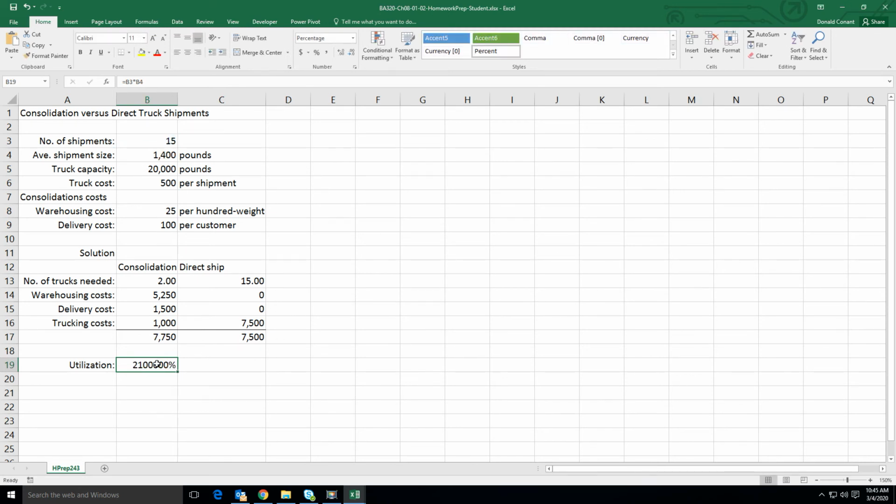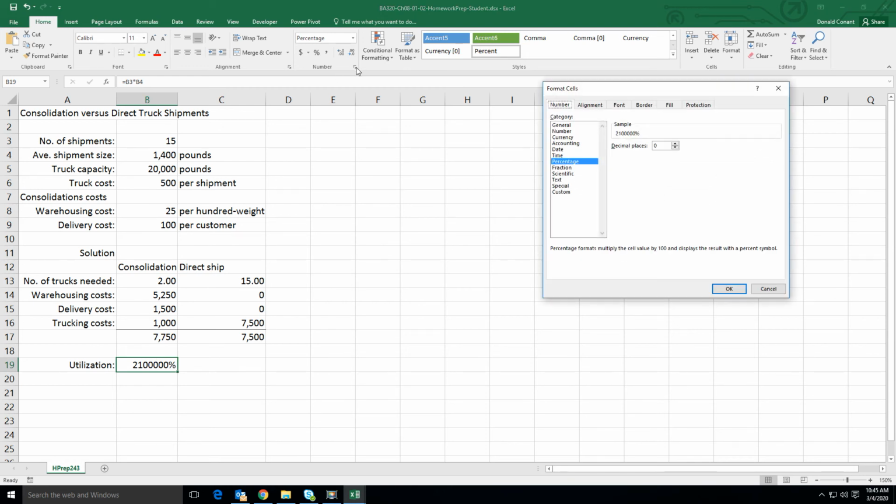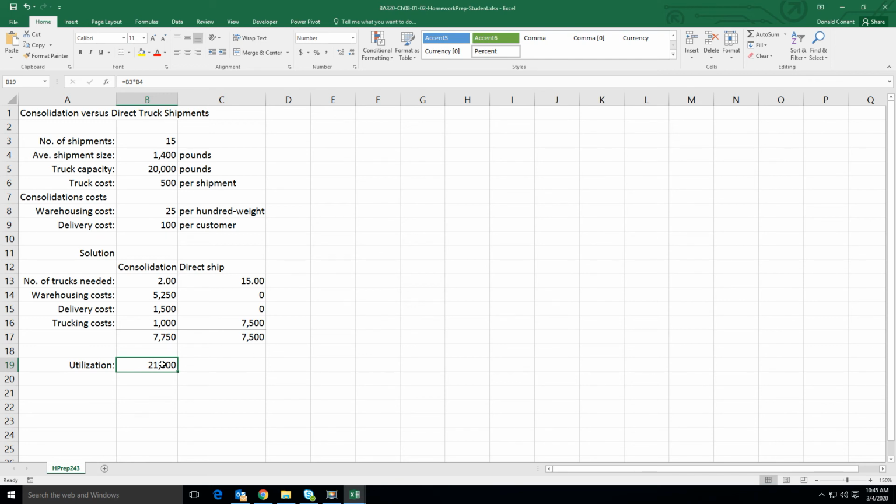Now this may come up as percent for you, so we'll change it back to percent in a minute, but let's just change it to number here so we can work with it for now. You can put a comma in it, okay, 21,000. We've already determined that that's more than a truck can hold. And so we've determined we need 2 trucks.